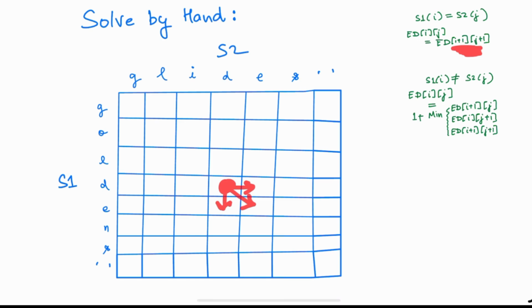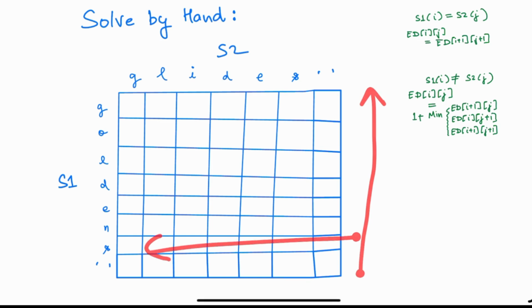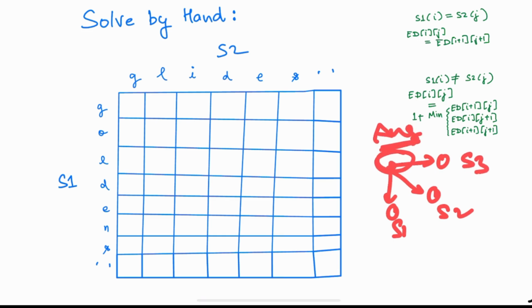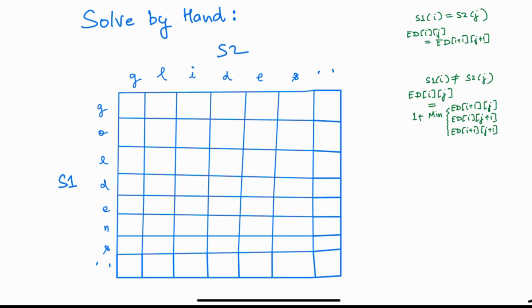So we will try to fill from the bottom to the top and then from right to left, so that we have the answers to our subproblems first before we get the answer to our main problem. So let's begin.